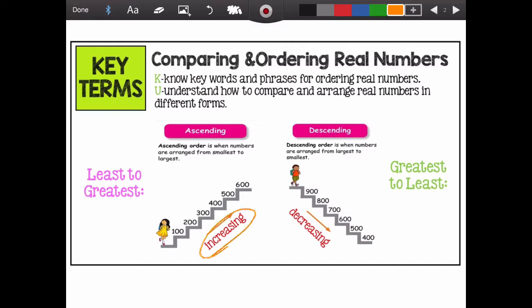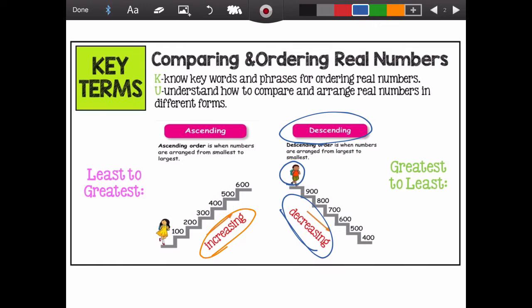On the opposite side we have descending, which represents greatest to least, where the little boy starts at the top of the stairs and goes down, which describes decreasing. So make sure we're understanding the vocabulary associated with least to greatest and greatest to least so that we can answer the questions correctly.